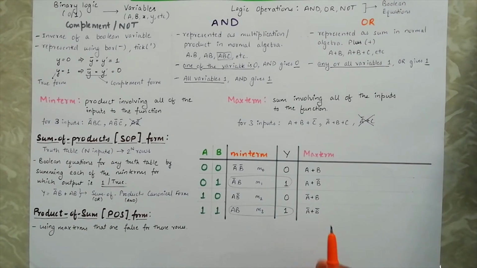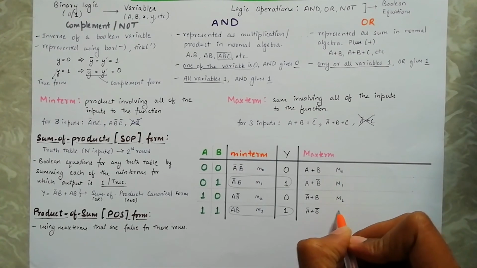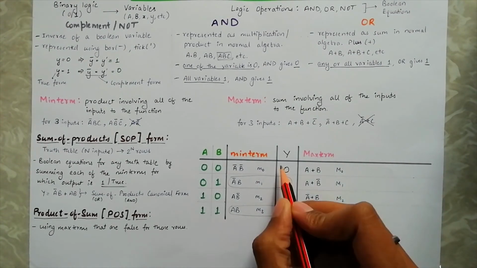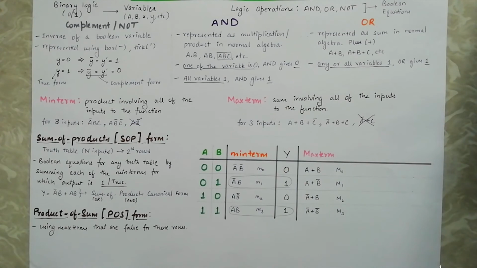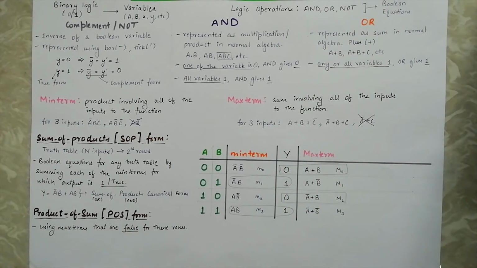These maxterms are named using capital M, M0, M1, M2 and M3. Now we can form a Boolean equation by taking AND of all the maxterms for which the output is false. So for the same example, we get y equal to M0 M2, that is (A plus B) and (A bar plus B).